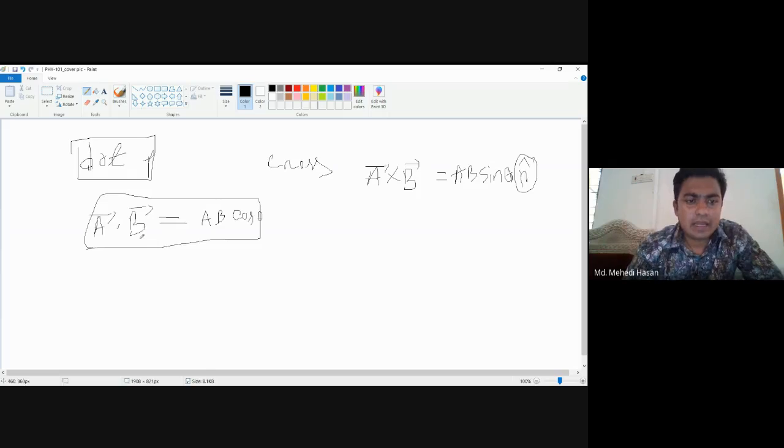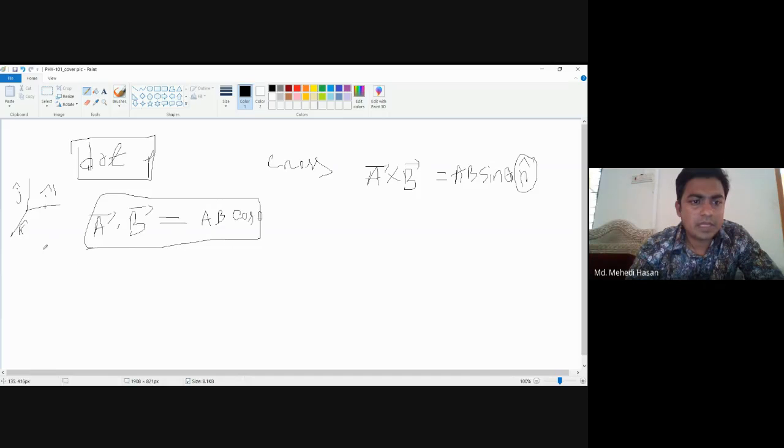So here, in case of unit vector notation, if we consider i, j, k form: along the x-axis is i, along the y-axis is j, along the z-axis is k.